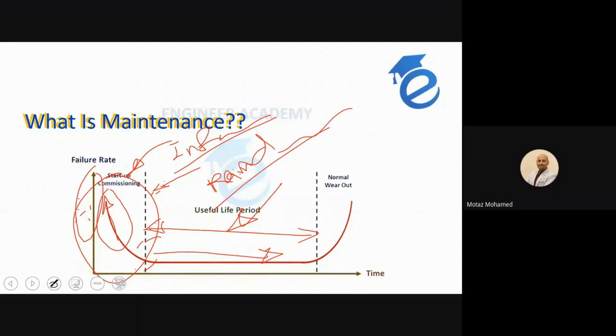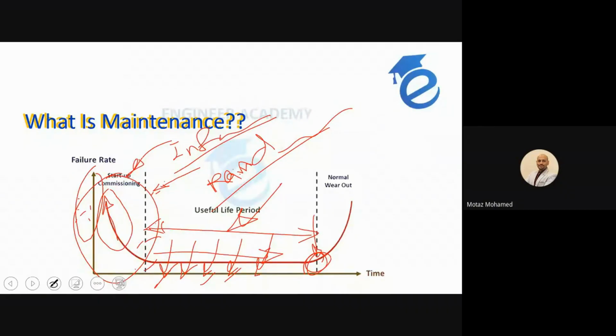What I mean by random failure is that, in this area, we don't know exactly when the failure will happen. Maybe here, maybe here, maybe here. But the most useful thing is if we succeed to run the equipment to this point, this will be a very good position.